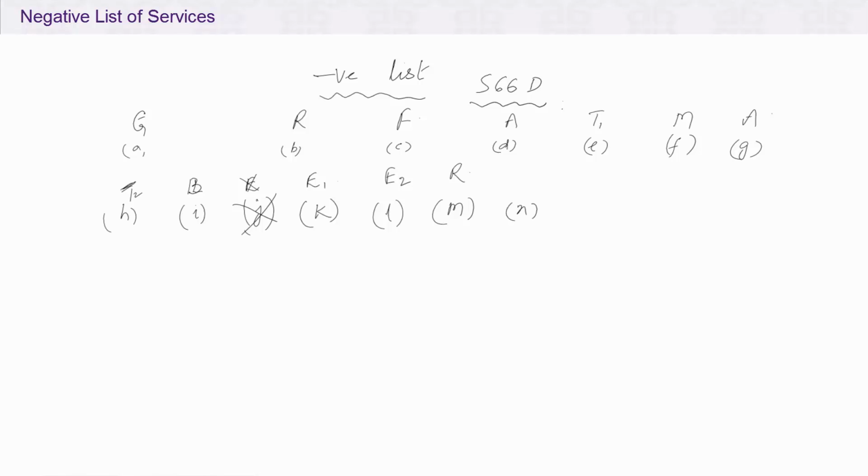And N, nakad, that is banking or financial services. And O, transport of passengers, T3. P, transport of goods, T1, T2, T3, T4, E1, E2, G, M. That is the formula.